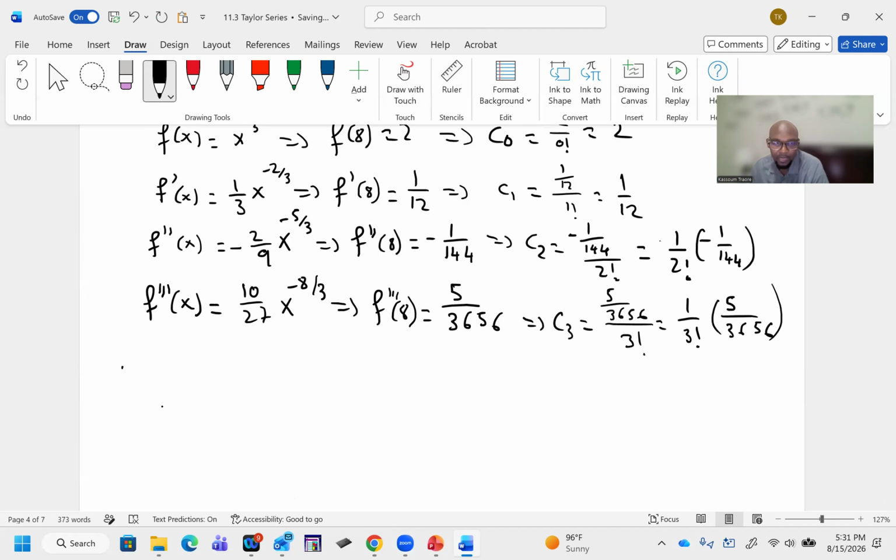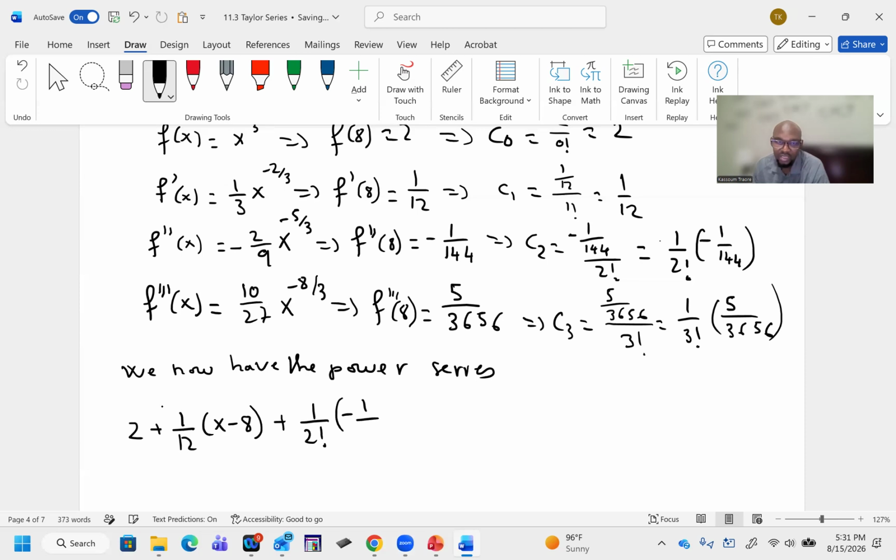We now have the power series. The first term is 2, plus the second term is 1 over 12 times (x minus 8), plus 1 divided by 2 factorial times negative 1 over 144 times (x minus 8) squared, plus 1 divided by 3 factorial times 5 over 3456 times (x minus 8) to the power of 3, plus, and so on.